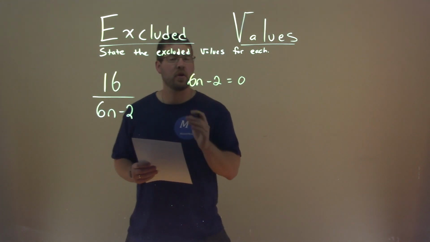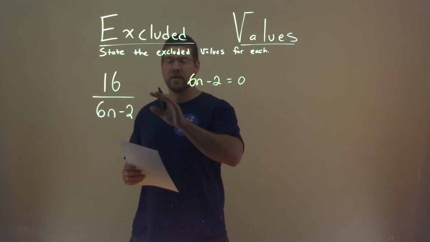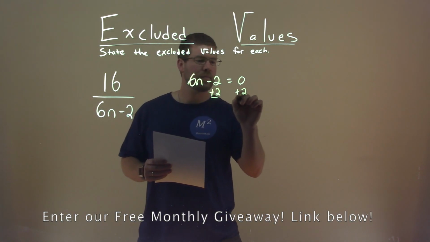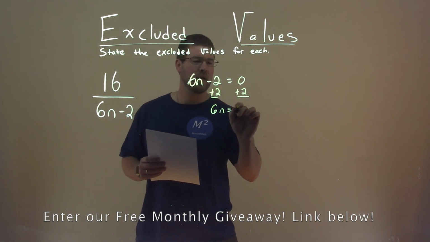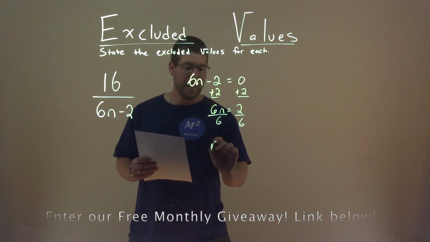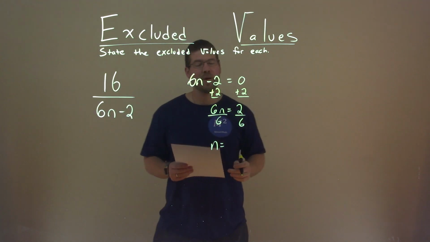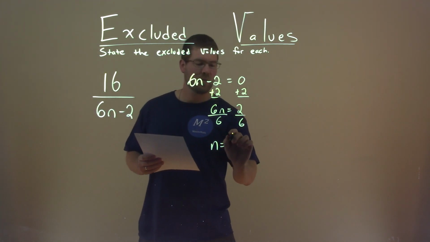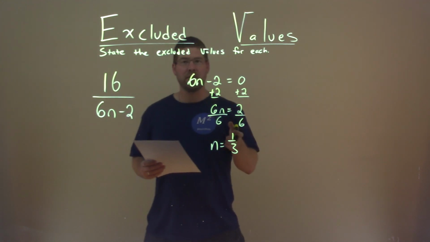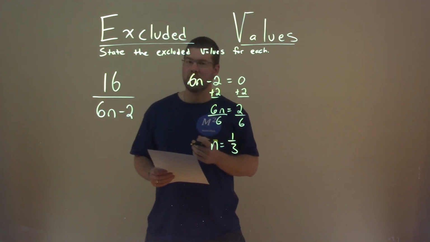With that, we're going to solve for n, the value that makes the denominator equal to 0. I add a 2 to both sides, and I have 6n equals a positive 2. Divide both sides by 6, and n equals 2 divided by 6, which simplifies to 1/3. And so 1/3 is our excluded value.